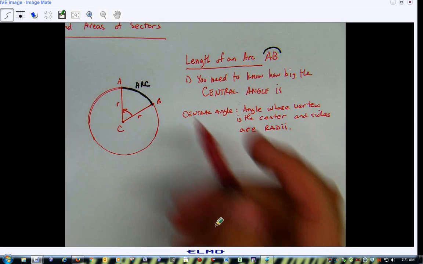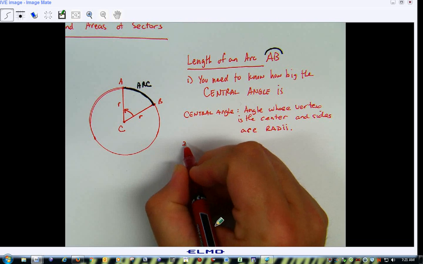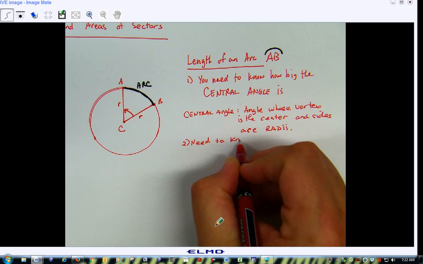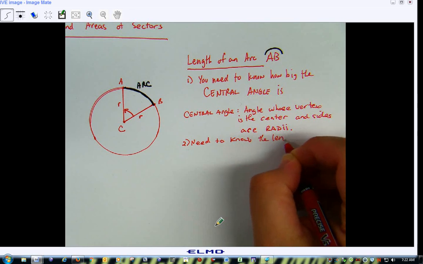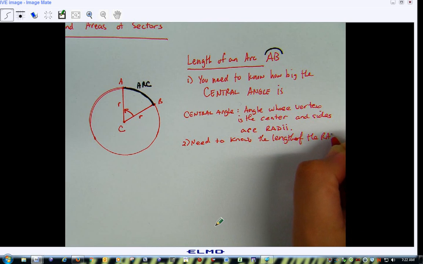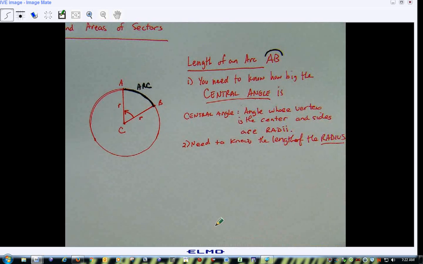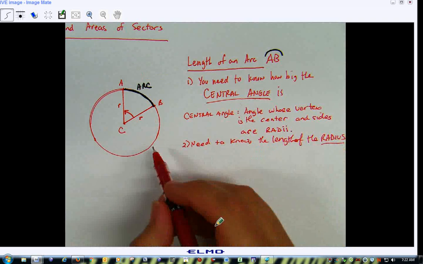So you need to know the central angle. You need to know the length of the radius. And once you know those two, here's the equation that you're going to use.